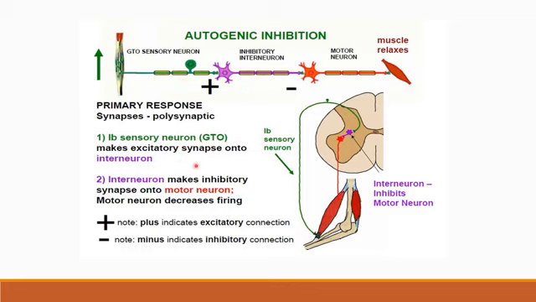Now we have seen the stretch reflex and inverse stretch reflex. Reflex testing is a powerful clinical tool. In a clinical test, we apply a stimulus and look for a response. That is reflex testing. For a reflex to occur, all elements must be functional.